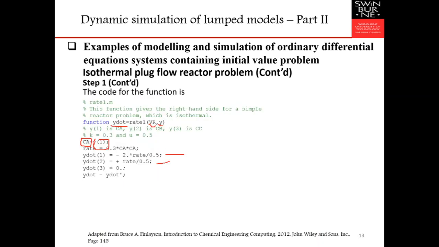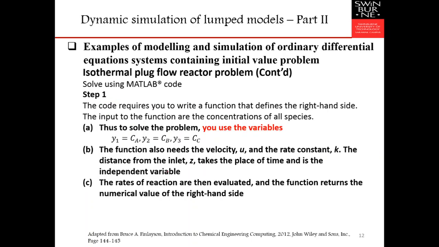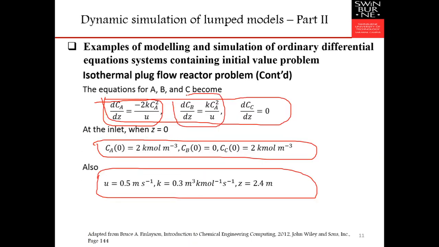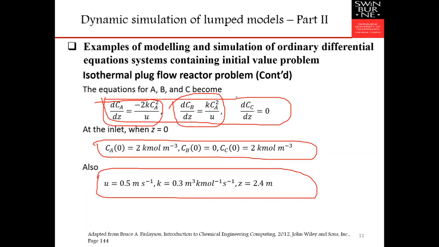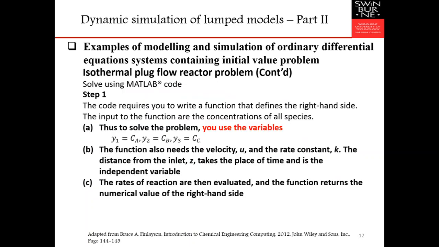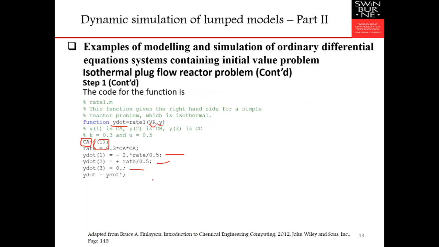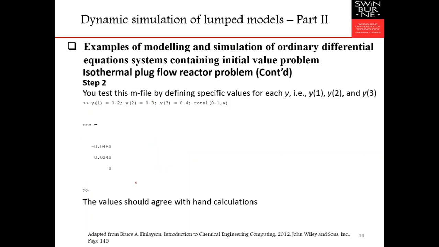The second component of ydot is equal to this term here. The third component is equal to this differential equation. Then after that, this transpose operation is used to convert from the row vector to the column vector.